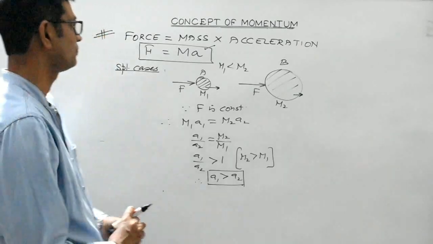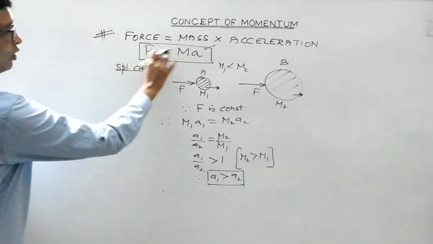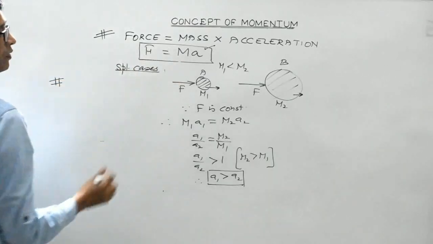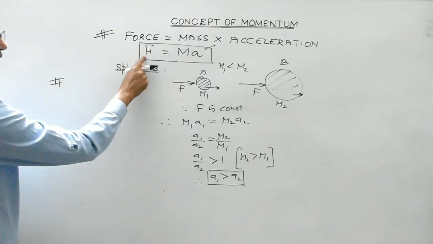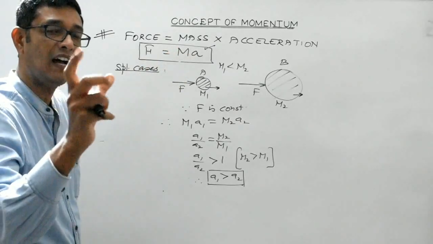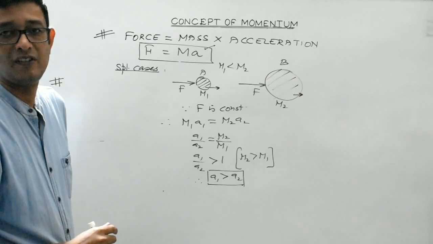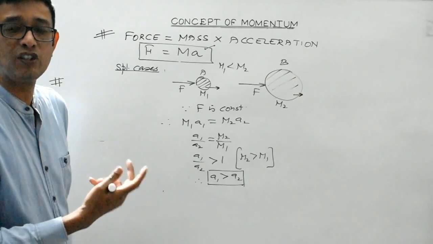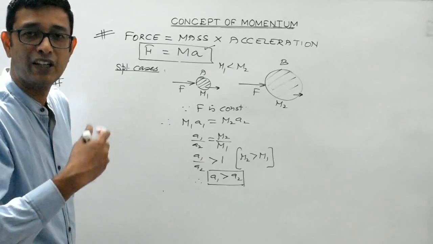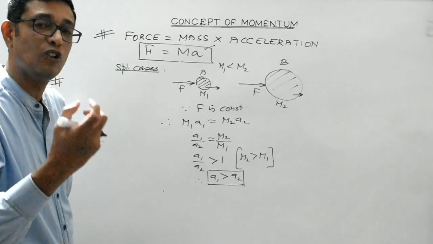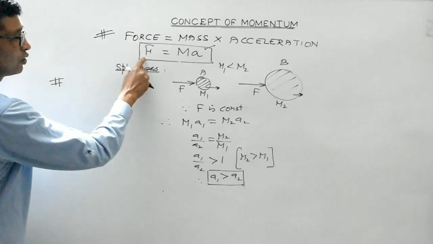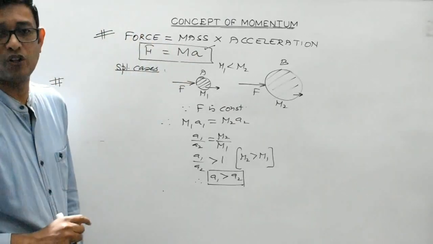Right, students? The second conclusion is that if a force is acting on the body, then the body must have some sort of acceleration. If F is 0, then acceleration is 0. But if F has a non-zero finite value, then A will also have a non-zero finite value. So it is the force which produces acceleration in the body.